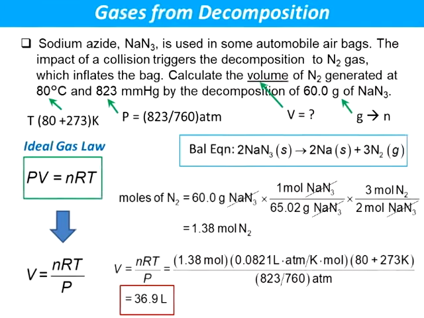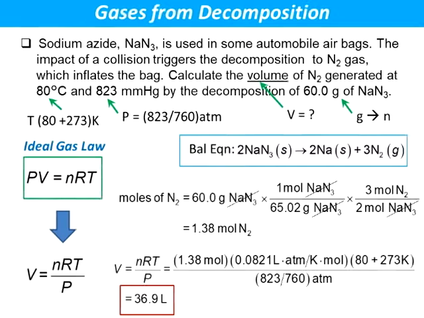A good habit is to simply mark up the equation with the variables. If we mark up these equations, we note that we have temperature, which is directly changed to Kelvin, which we must always do. We notice we have pressure in millimeters of mercury, which we can directly change to atmospheres by dividing by 760.